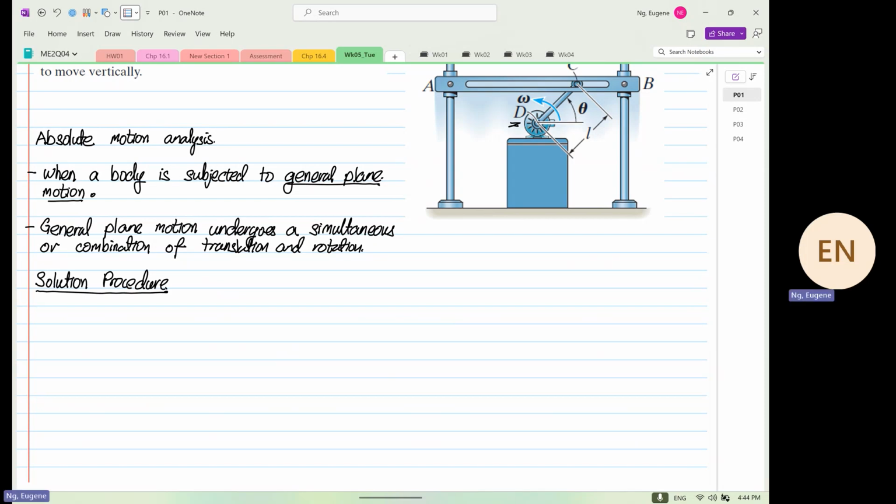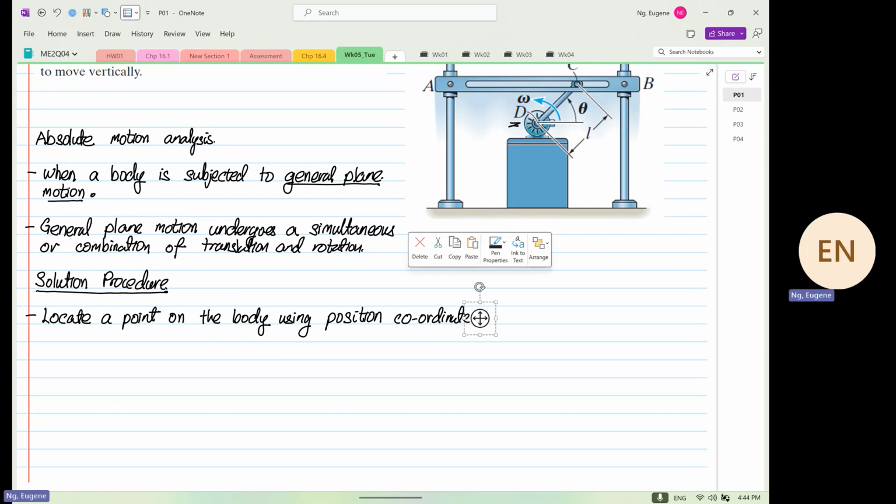First thing we're going to do is locate a point on the body using position coordinate S.